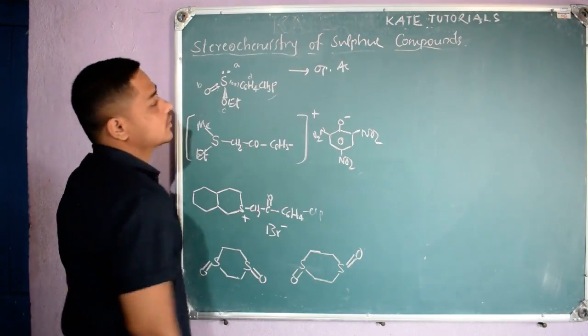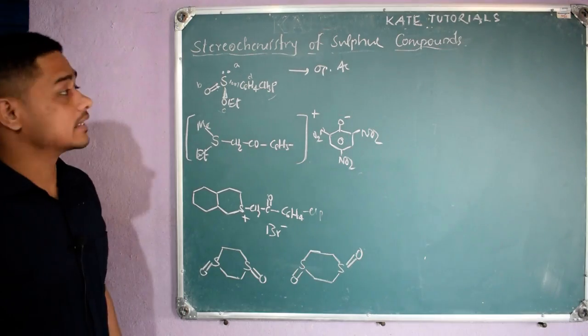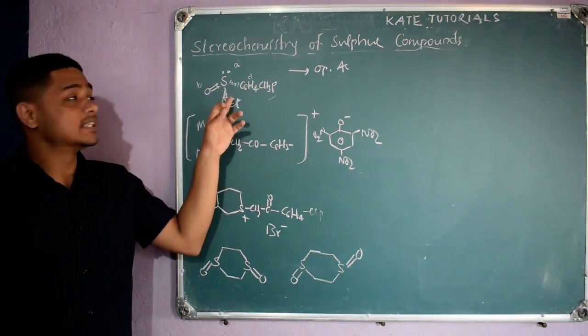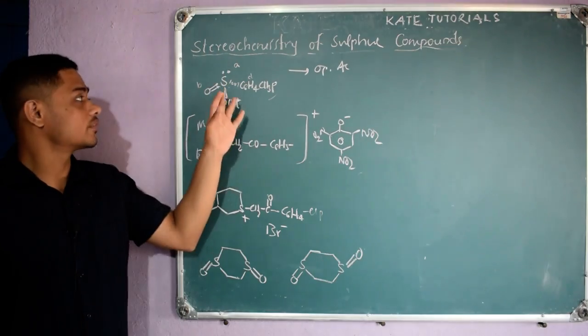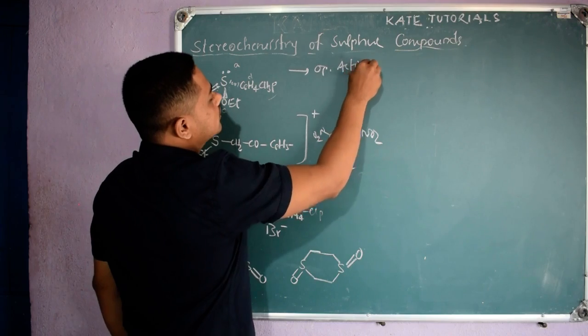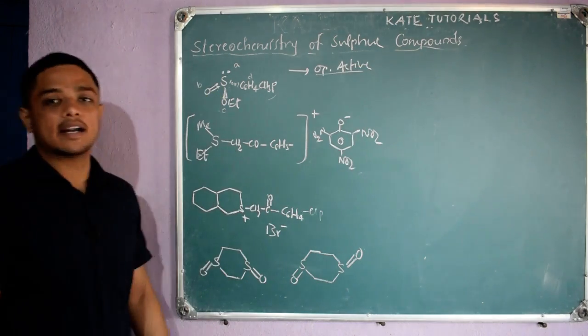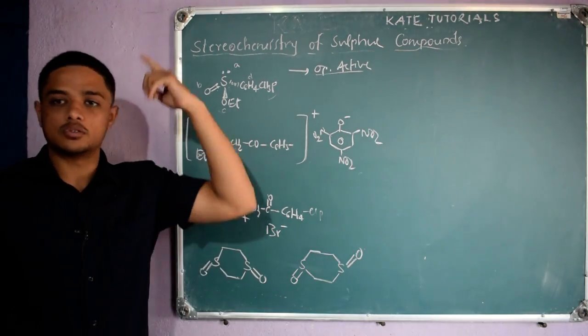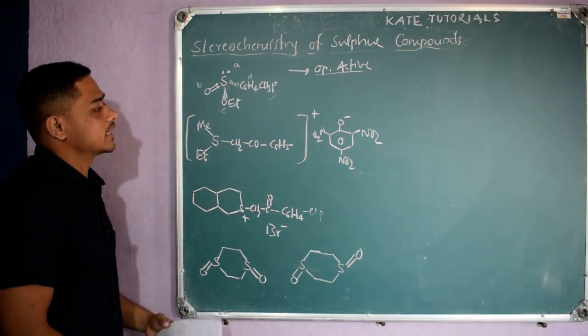I told you that for carbon, 4 different atoms means the carbon becomes chiral. Similarly, if sulfur has 4 different atoms, sulfur will be asymmetric, so it will be optically active. These things I have told already. I should not tell again and again, but if you didn't get it, go to the first or the second video, and there you will get it.